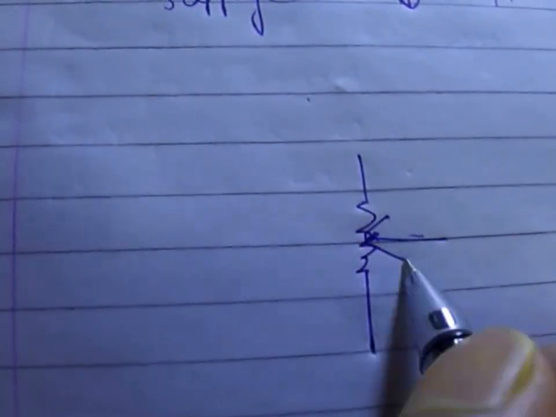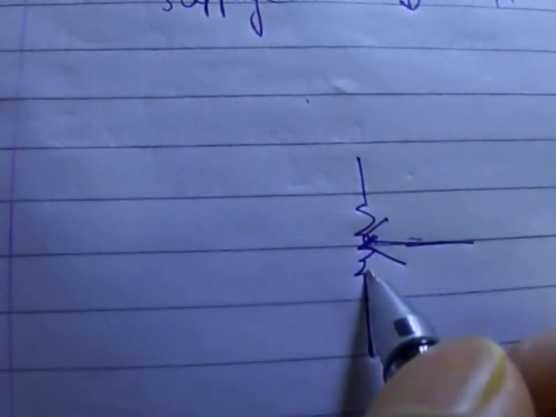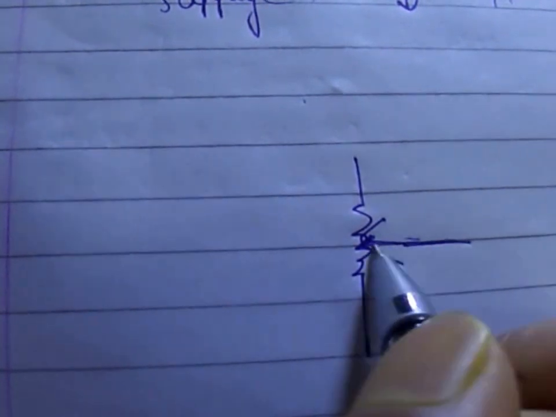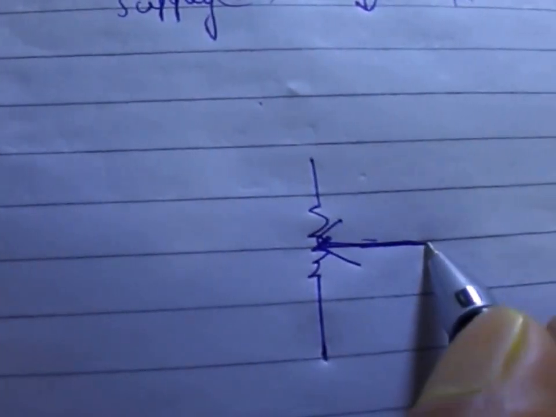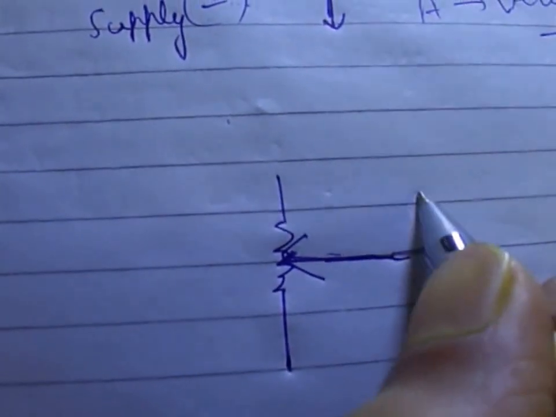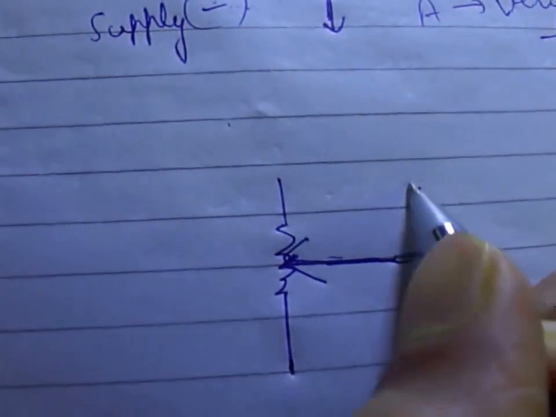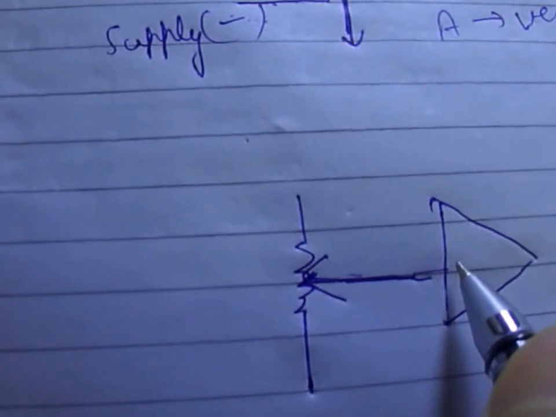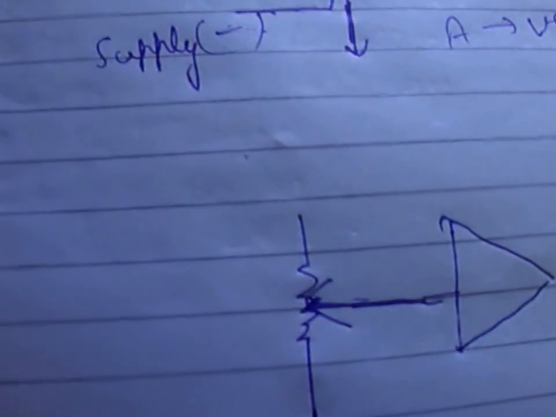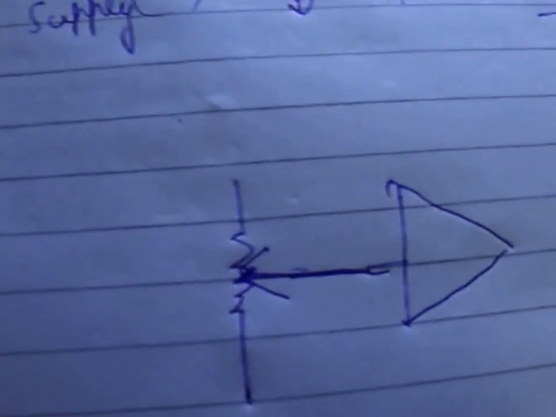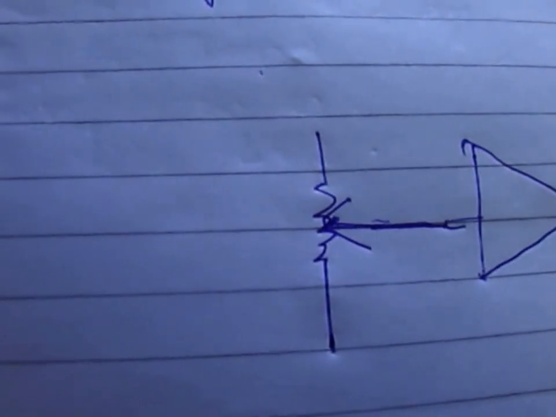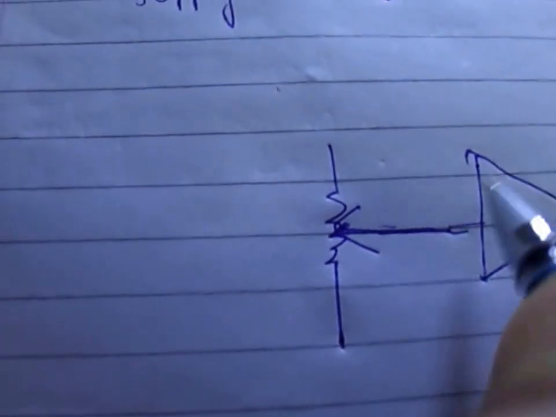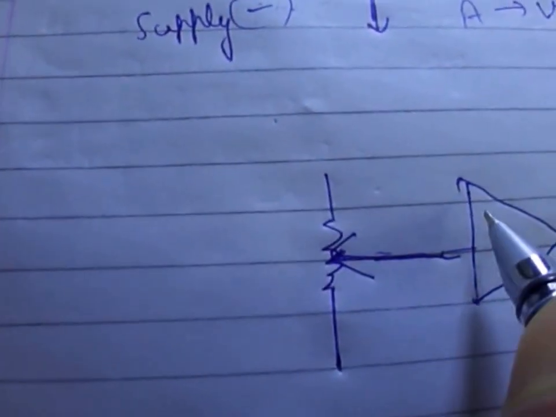So I use a potentiometer, that is a voltage divider, and this is a variable resistance with a terminal coming out like this, and I will feed it into the negative, that is the V minus, the inverting input of the 741, and the output from the LDR will be fed into the positive part of this IC.